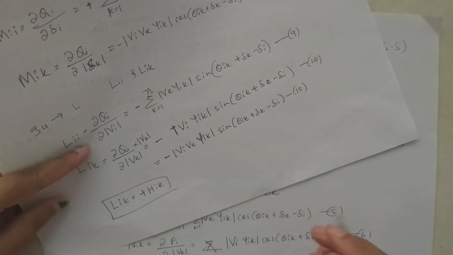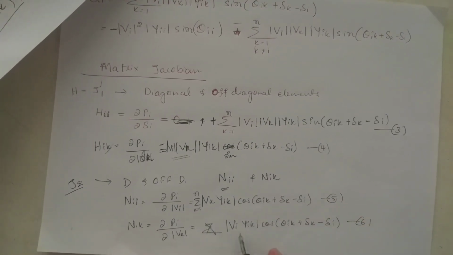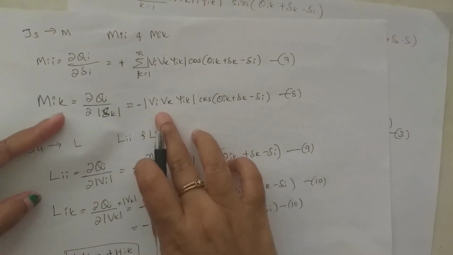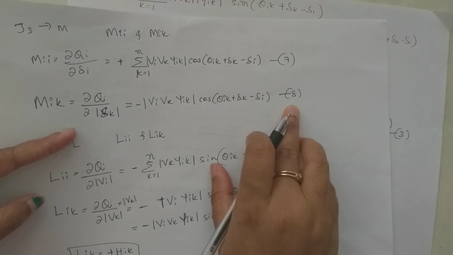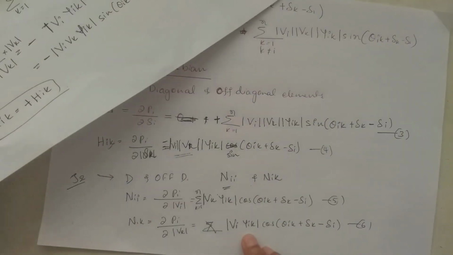Next, if you observe equation 6 and equation 8, both are the same. The only thing is that one is positive and the other is negative, and here VK is missing.